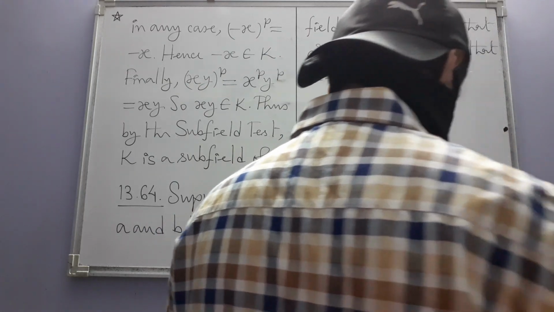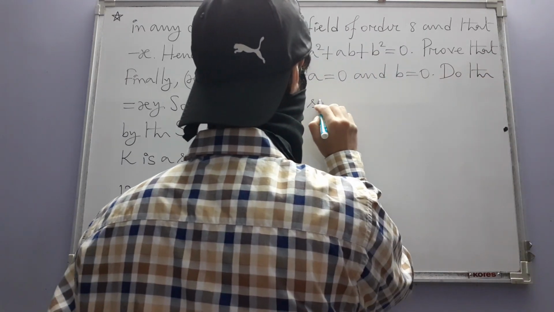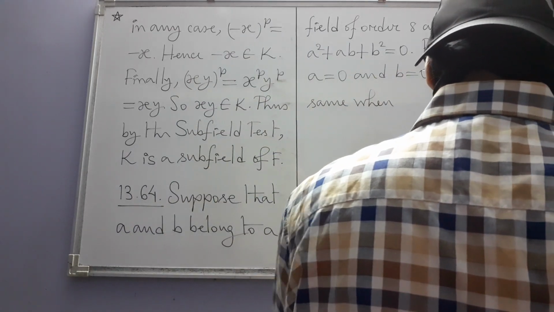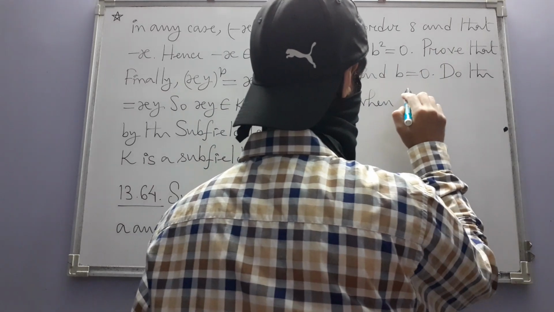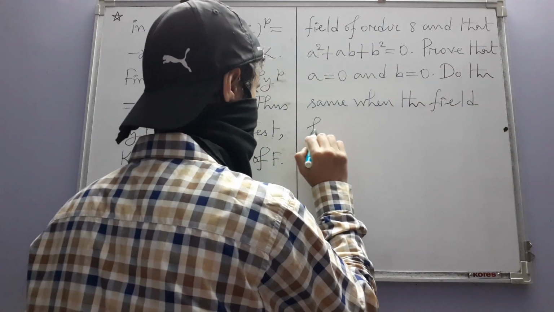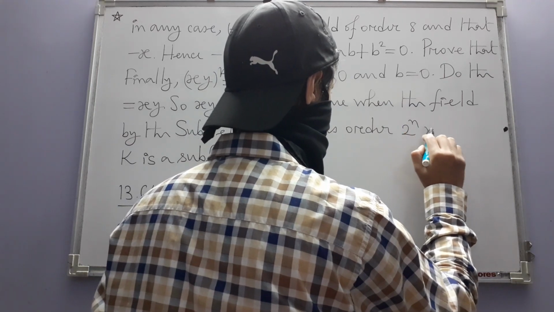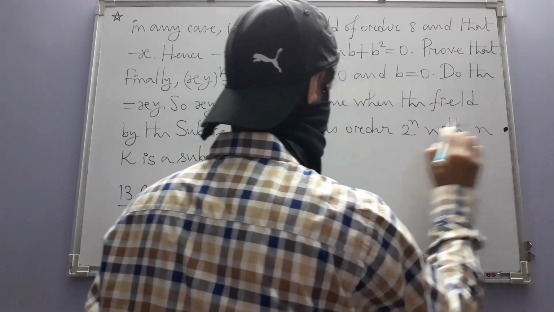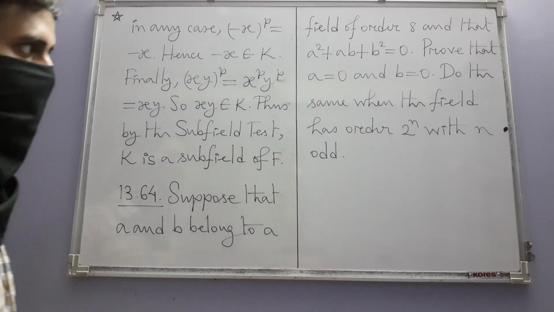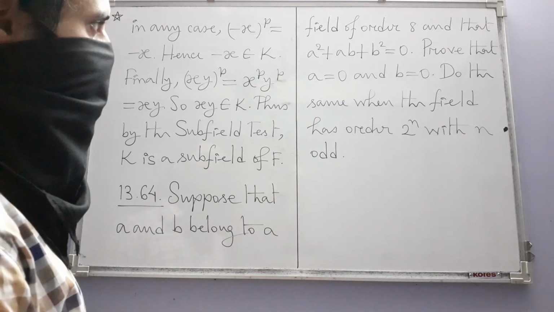And also do the same when the field has order 2 to the power n, with n odd, and this order 8 satisfies those conditions because 8 is 2 cube where that exponent 3 is odd.